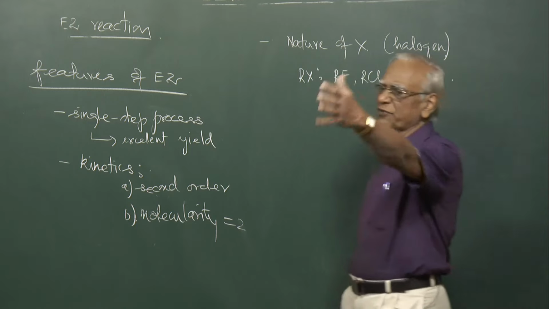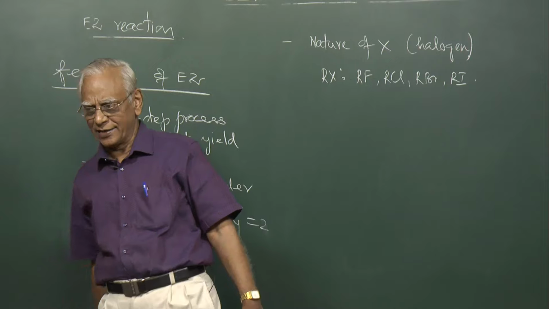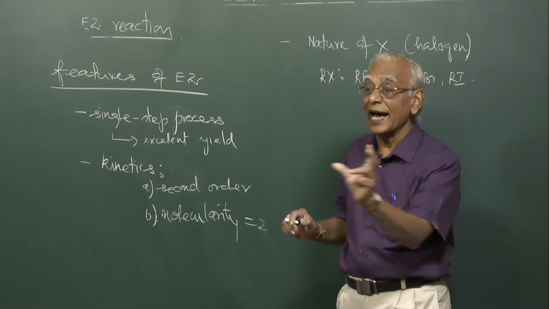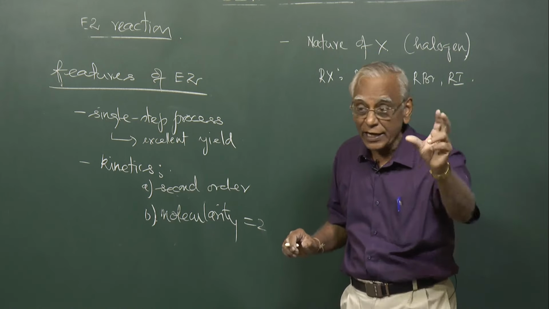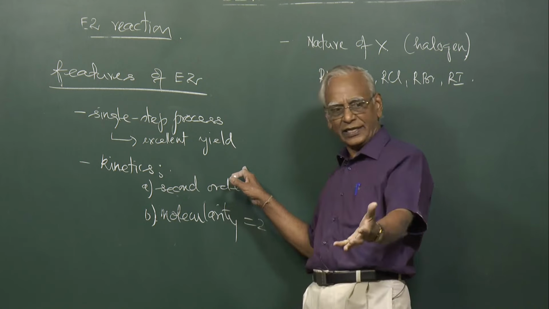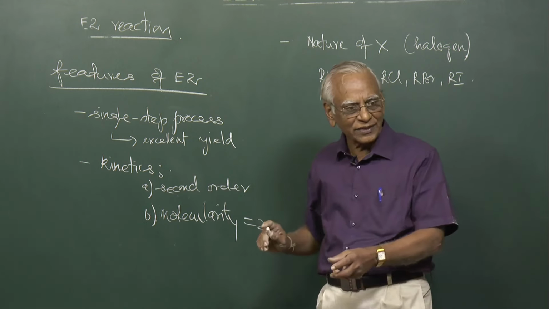Would you expect a difference in the rate of reaction, or are the reactions going to have the same rate? We have to see if that carbon halogen bond is cleaved in the rate determining step. Yes, obviously, because it is a single step. In that step, the carbon halogen bond is broken.